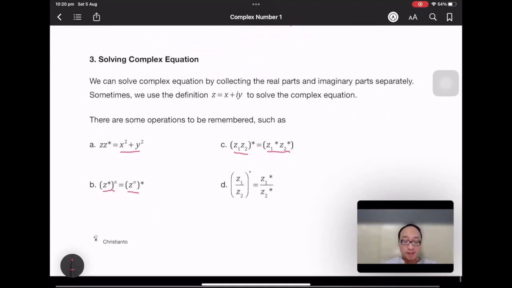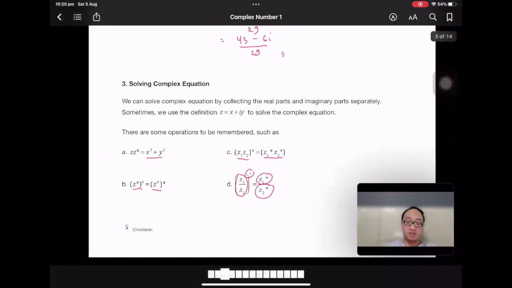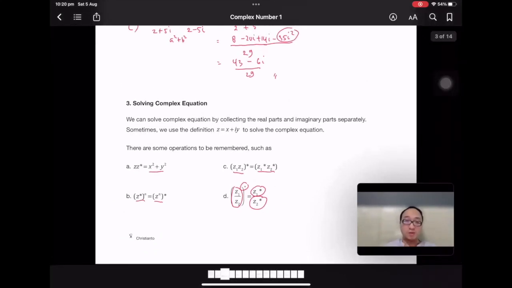And if you divide two complex numbers and then conjugate, it has the same result as dividing the two conjugates. Sometimes we need these operations.